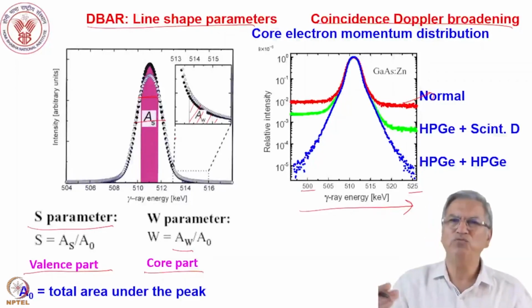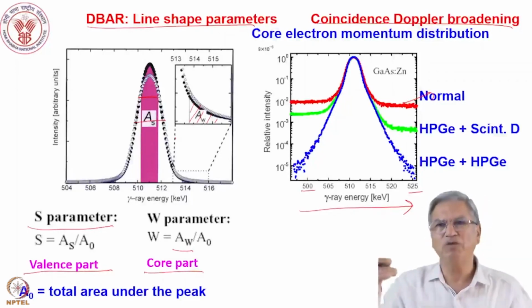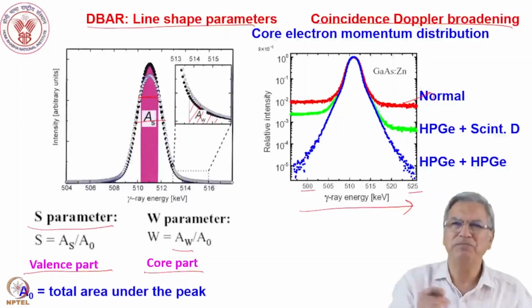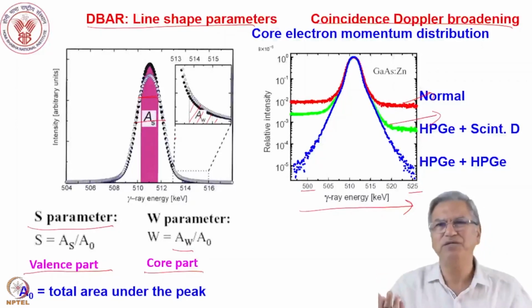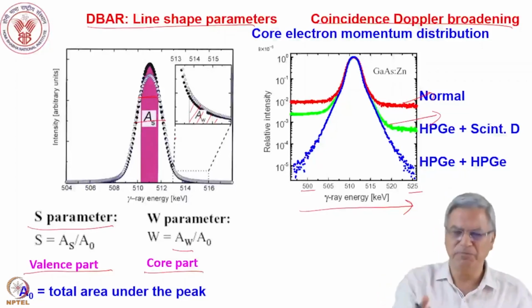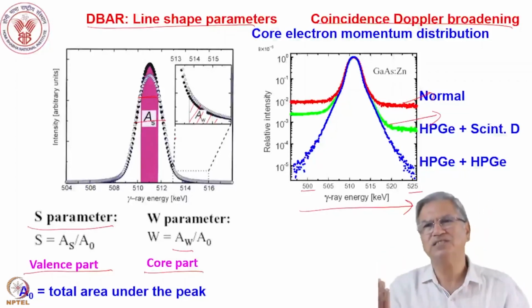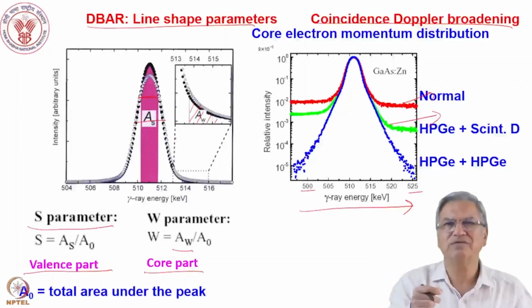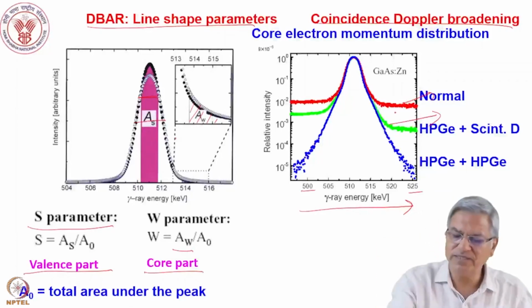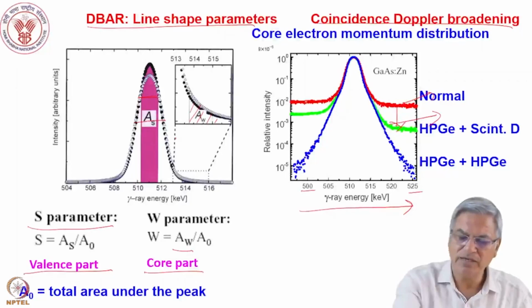But what you do is put a sodium iodide thallium scintillation counter in coincidence with the germanium detector, so this particular spectrum is gated by a coincidence between two 511 keV gammas. One 511 is measured in the HPGe, and the other one in this other scintillation counter. That will trigger this gamma spectrum. You can see there is a significant reduction in the background.